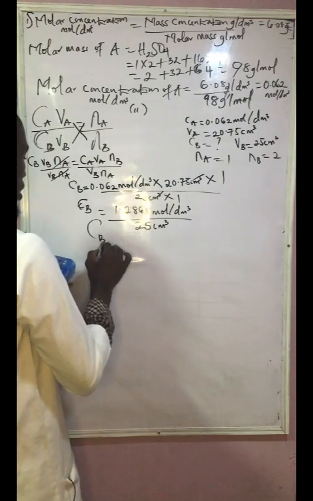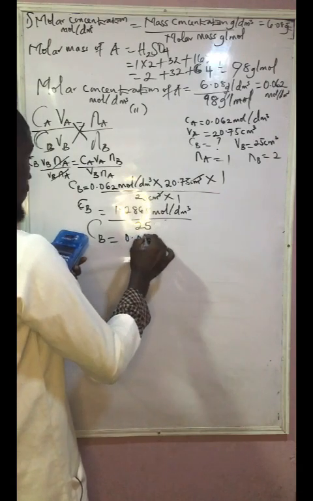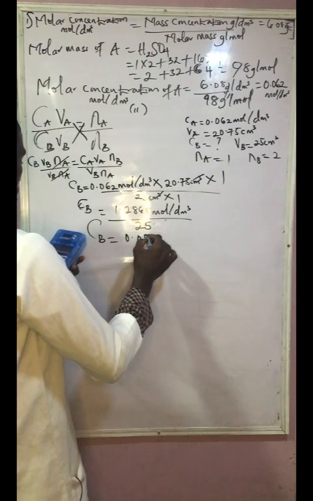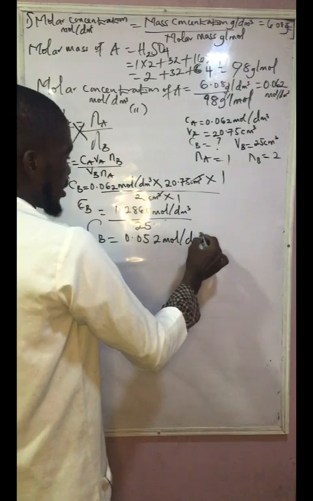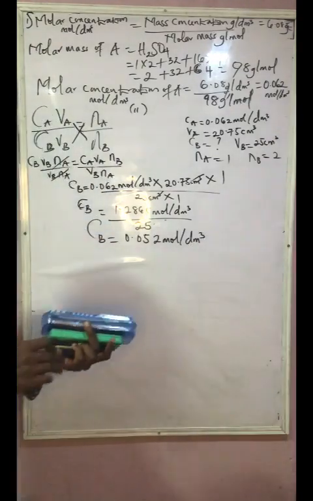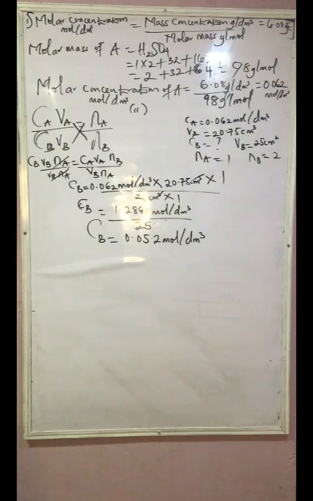So CB equal to 0.052 mole per dm cube. So this is how we can calculate when it comes to the question.